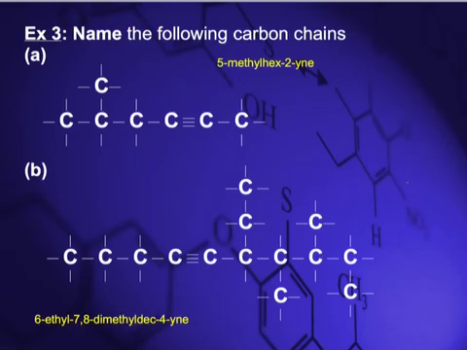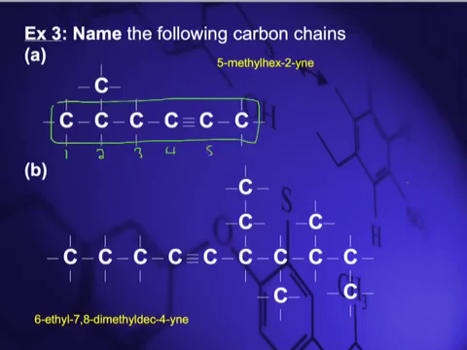Let's do a few examples. Here in part A, let's identify the longest chain. Here we go. If we number left to right, we have 1, 2, 3, 4, 5, 6. If we number right to left, we have 1, 2, 3, 4, 5, 6. We will number right to left because the triple bond will be on position 2.